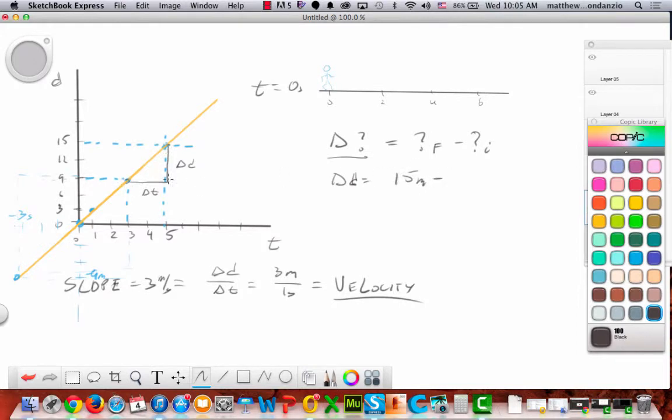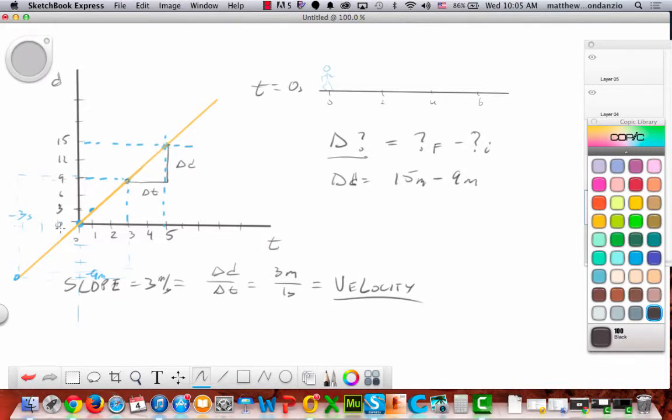And what's my initial distance on this little slope part? 9. So 15 meters minus 9 meters. That's my final minus my initial when I'm looking at that particular window of time. Does that make sense? I could start at 0 and I can end anywhere else. We're going to talk about that. But for right now, I'm looking at 15 meters and 9 meters.